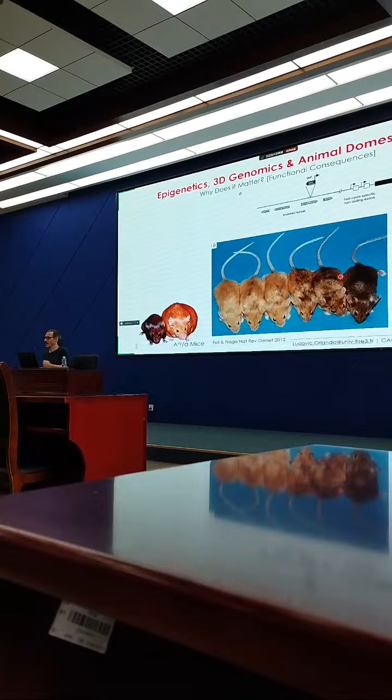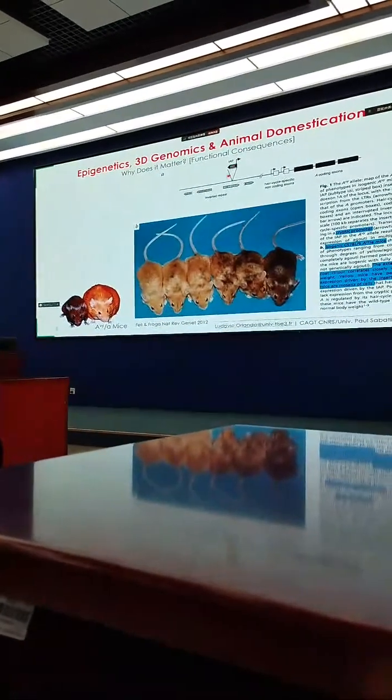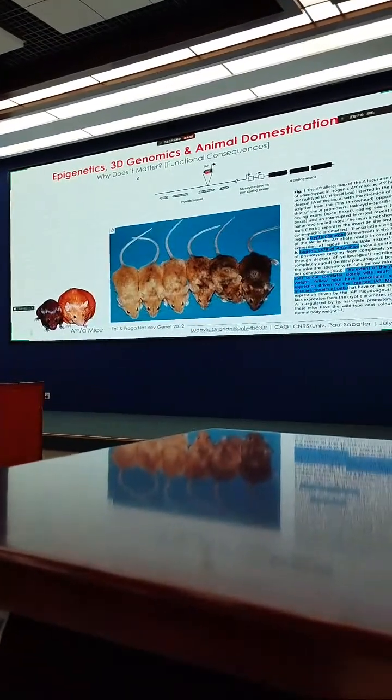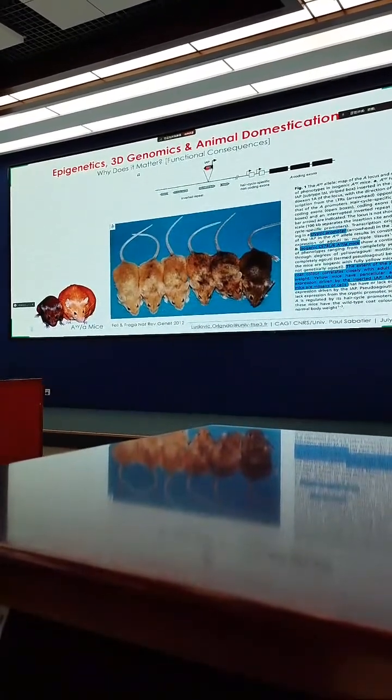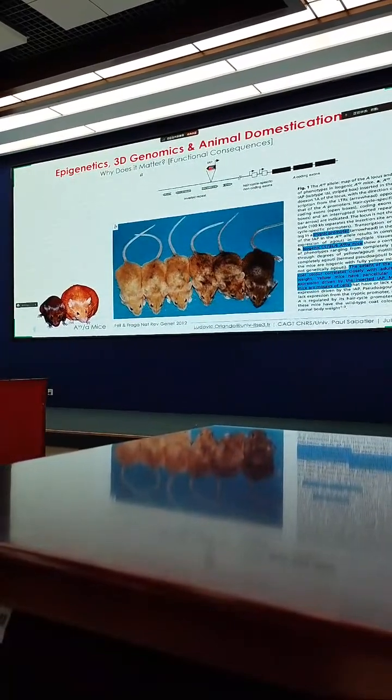And so long story short, it is due to, in the genome, there is this IAP, which is an inverted repeat that is inserted somewhere in the genome. And this is something that is a sort of LTR, an endogenous retrovirus, which is integrated in the genome.